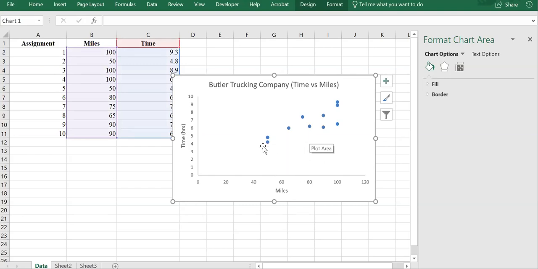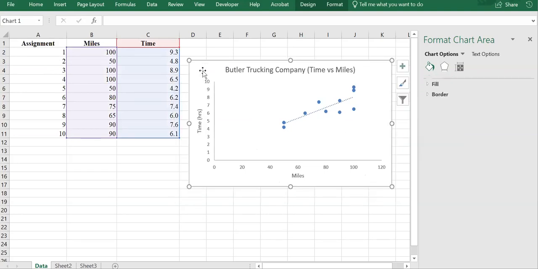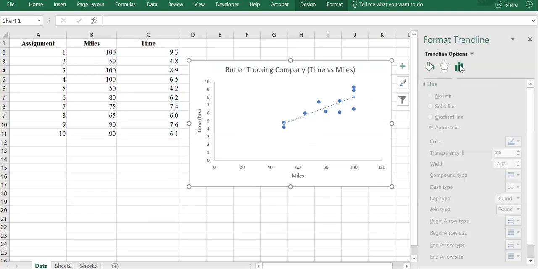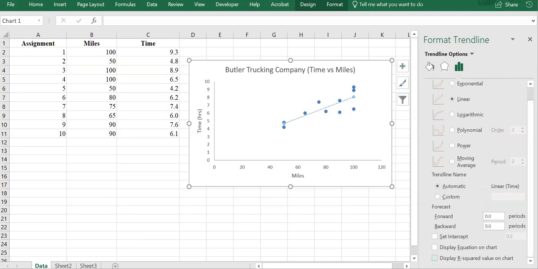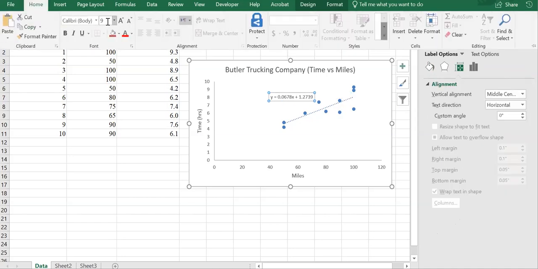Now, if we just do the trend line, the linear trend line, it gives us the estimated linear equation. So if you add the trend line here, that would be the linear equation. If you display the equation on chart, that equation, I'm going to make it a little larger.